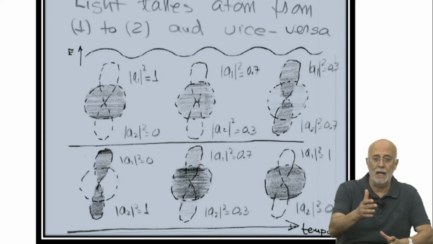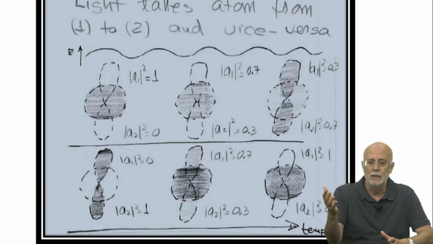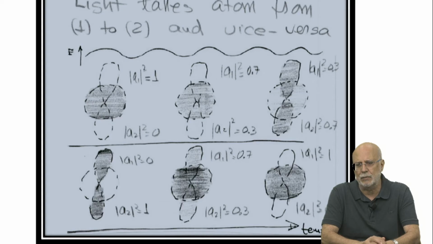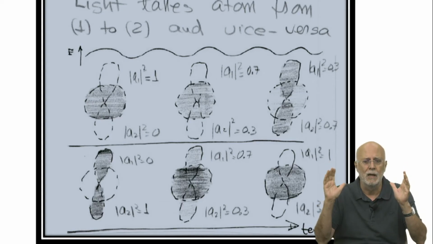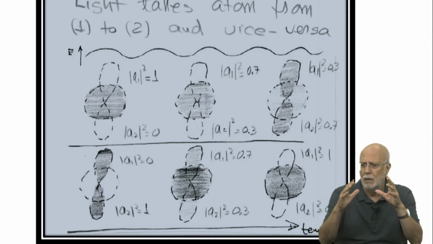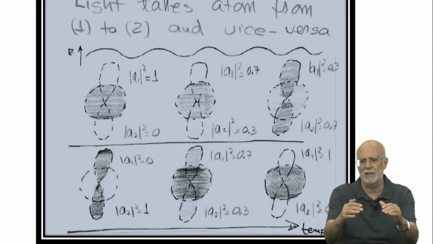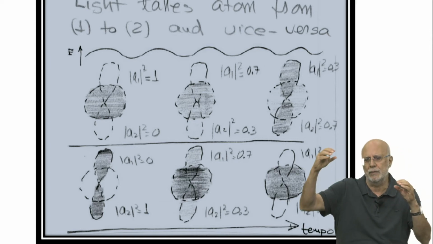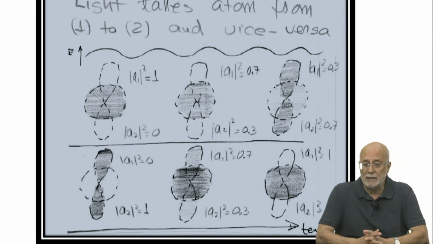Then suddenly A1 square is 0 and A2 square is 1. At that moment, I say that a full transition took place. And if I stop the light there, all my atoms, all the absorbers of this sample, will migrate from state 1 to state 2.